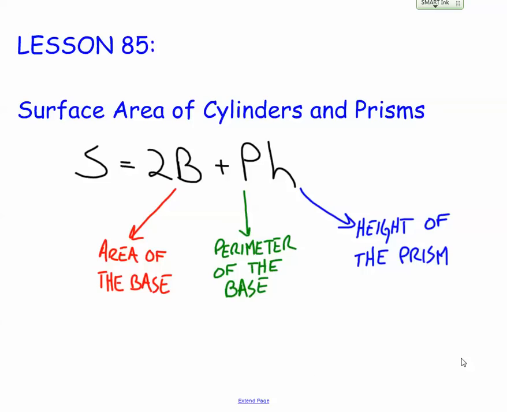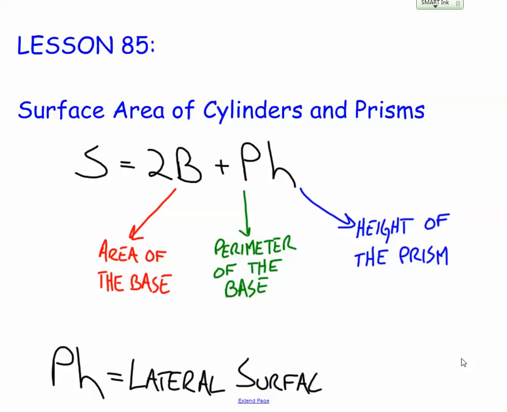And then the PH, we have a special name for that. P times H is what's known as the lateral surface area. So like the walls of a room are the lateral surface area, because you're not including the ceiling and the floor.